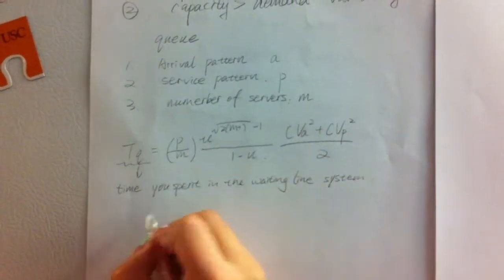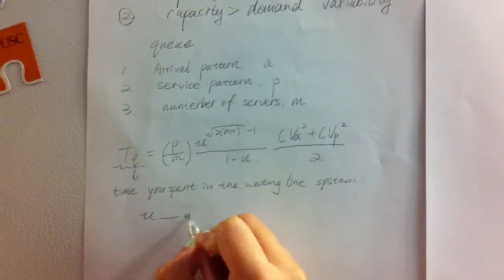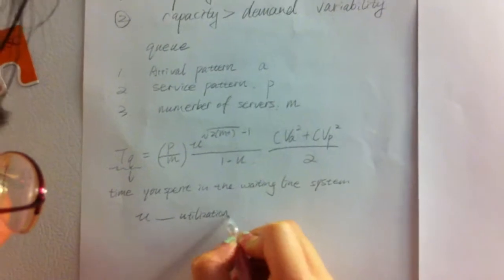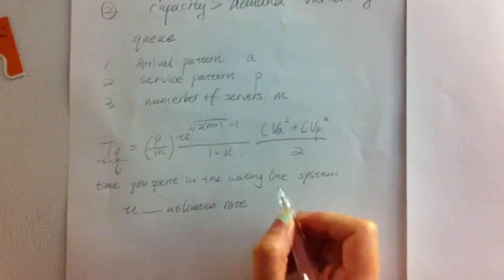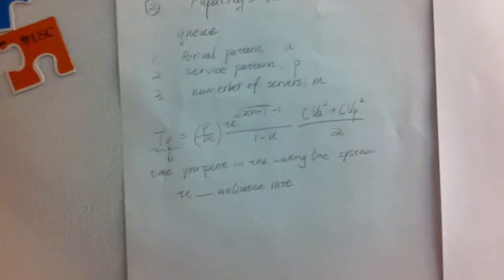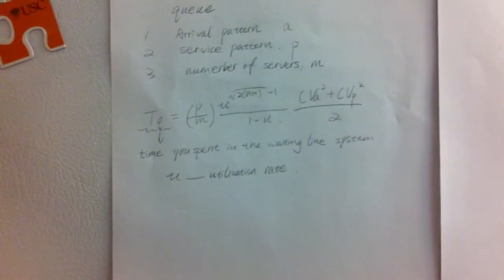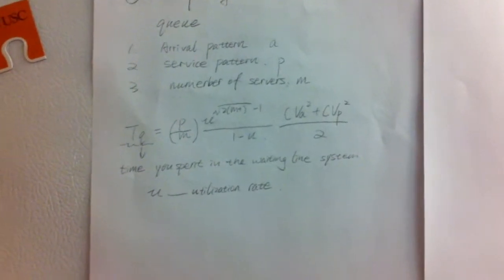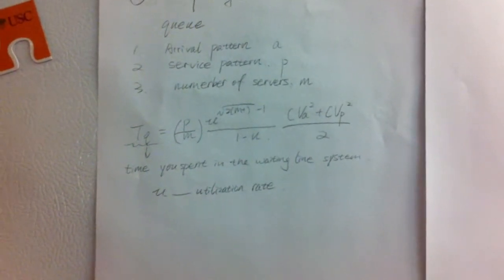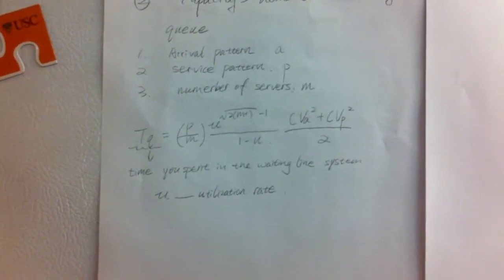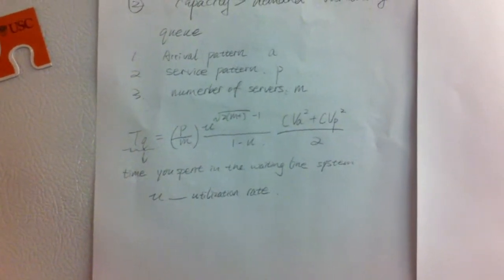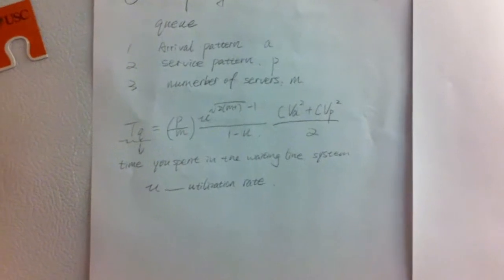U means the utilization rate. This basically means how much of your capacity has been put into use. For example, you have 10 servers, and 80% of their time has been dedicated to serving the customers.